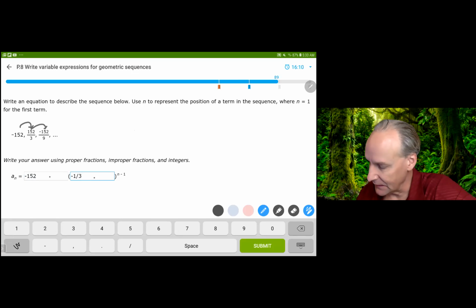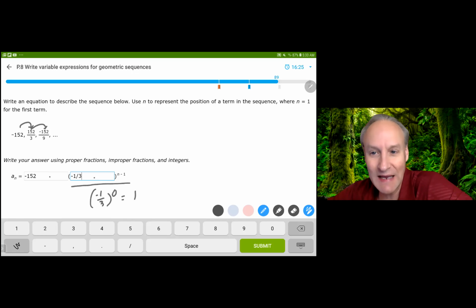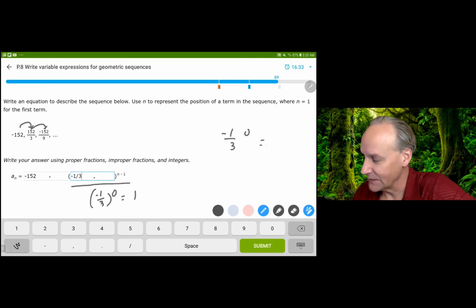If you need to see it, just think about it like this. This first term, when I put a 1 in for n, is -1/3 to the 0 power, which is equal to 1. And some of you may grab your calculator just to verify this. And I want to mention something. Watch out. If you put this in your calculator, it's going to tell you that that's a -1, and you're going to say, aha, Jimison doesn't know what he's talking about.